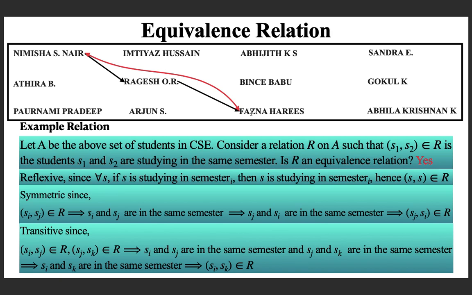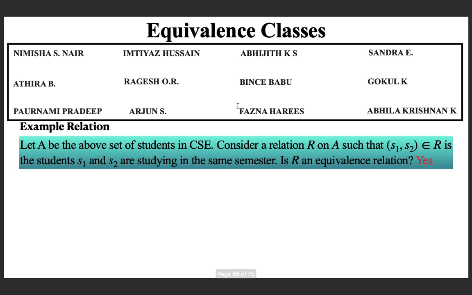So now we are getting that both Nimisha S. Nair and Fasna Harris are in S7. So naturally they are also related. I hope you are getting it, otherwise think about it offline and verify that this relation is symmetric, reflexive and transitive, and hence an equivalence relation.